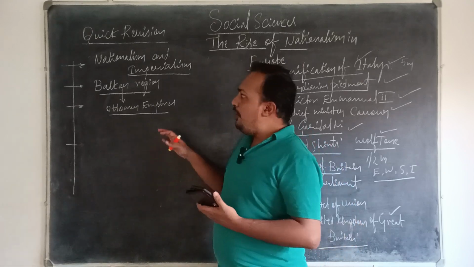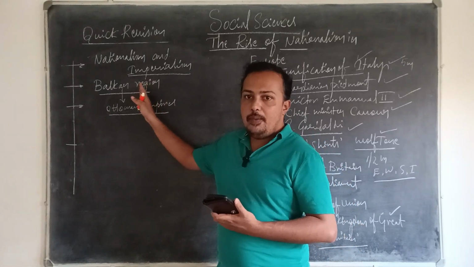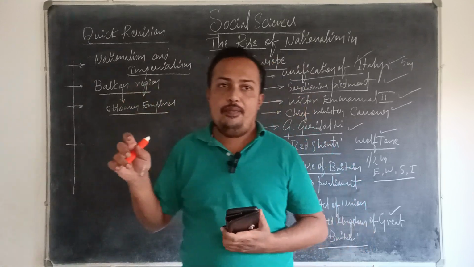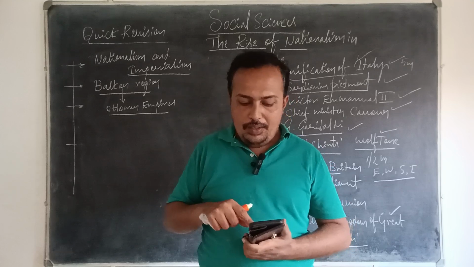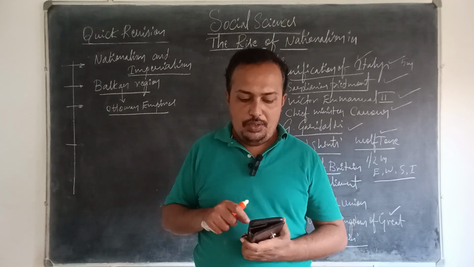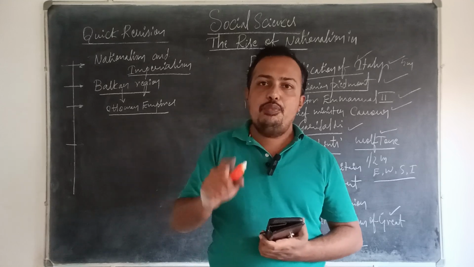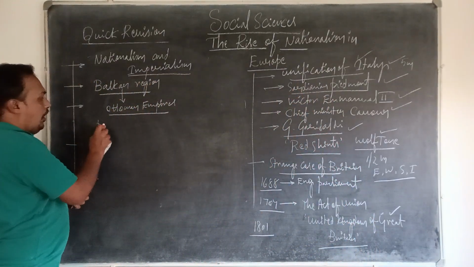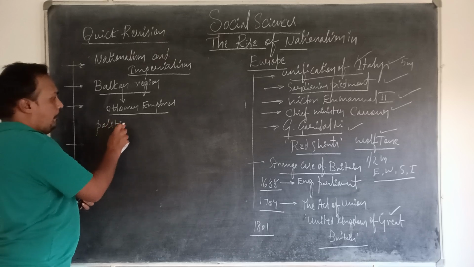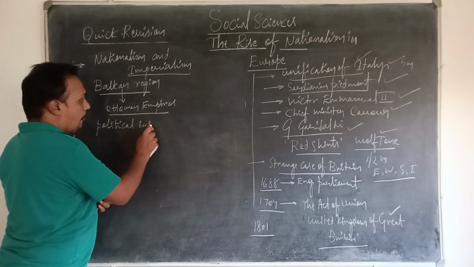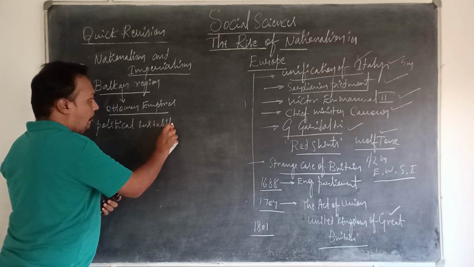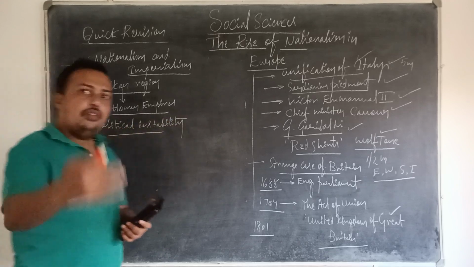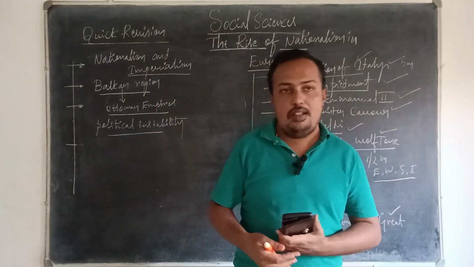So this led to political instability or political anarchy in the Balkan provinces. Why did it become more explosive? One reason is the political anarchy, or political instability. It is because of the fall of the Ottoman Empire and the spread of romanticism.